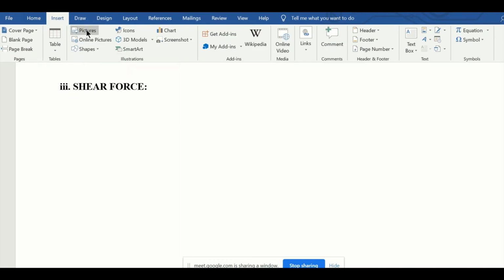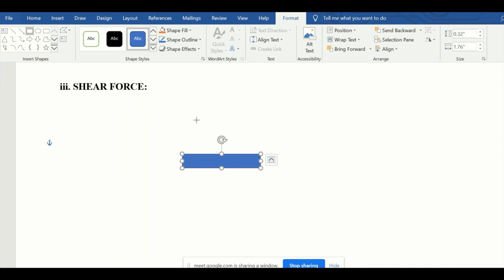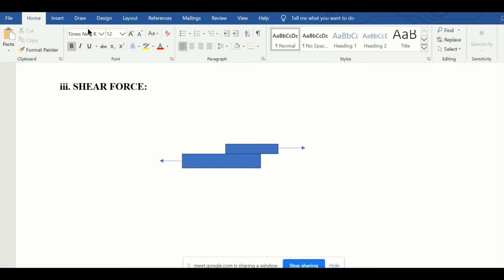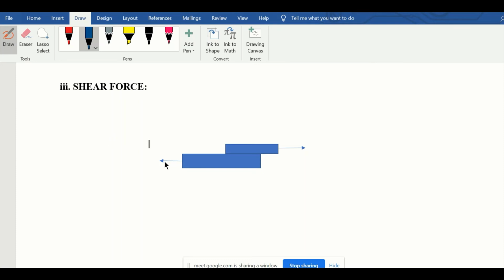For example, here is the material. Here's the force, and here is the next force.